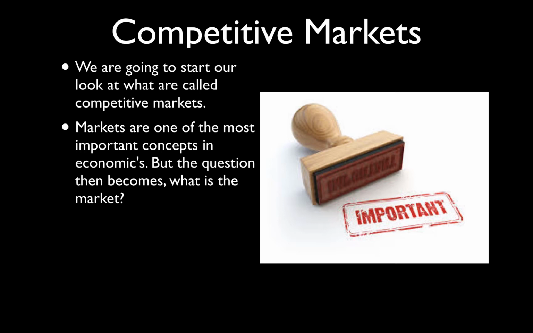The reason is, we've already talked about in the previous video the three questions of economics: what is to be produced, how is it to be produced, and who gets these goods. And in a capitalist economy, markets through the price mechanism solve that. We have infinite wants, but limited resources and limited ability to satisfy those wants.